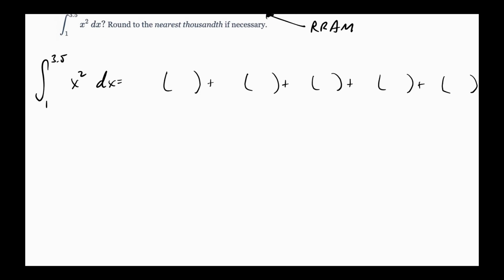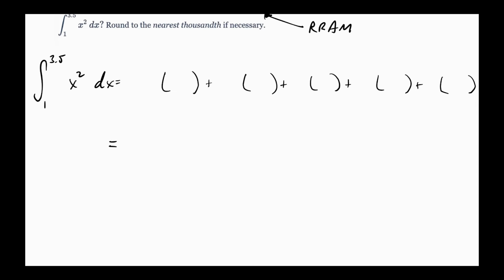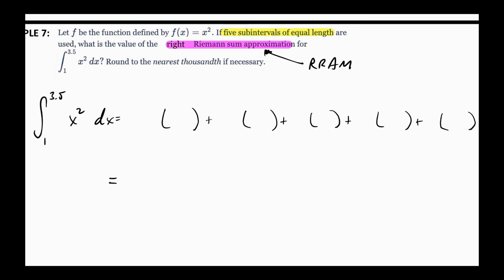Okay. What are the widths of each of those rectangles going to be? And how do I figure out what the widths are going to be?